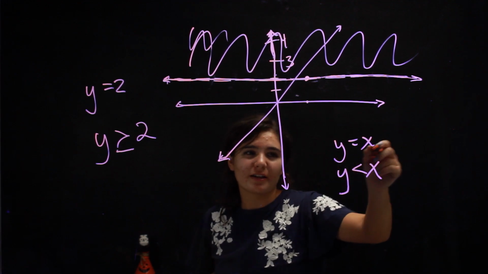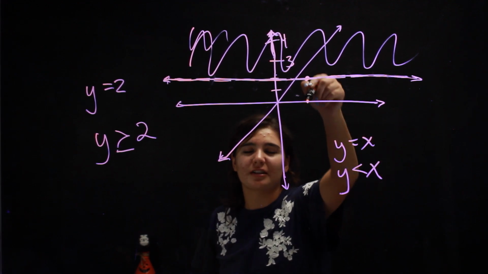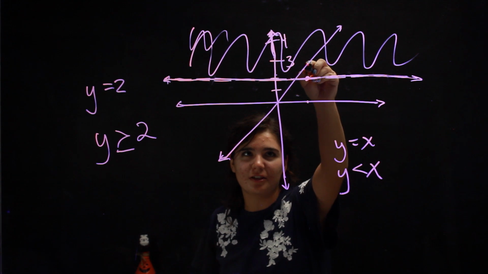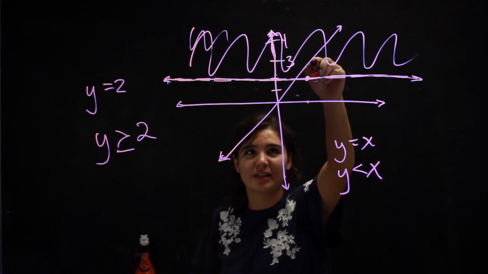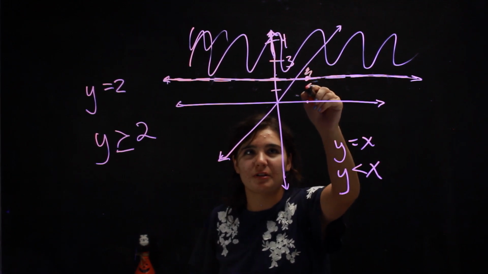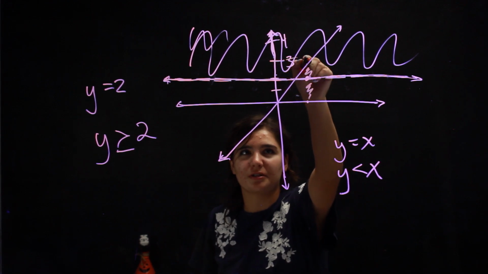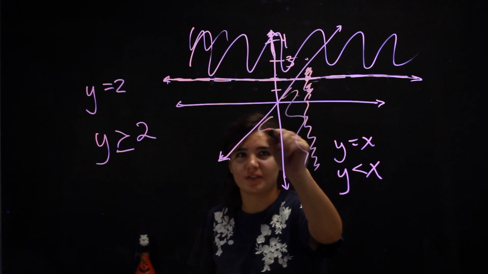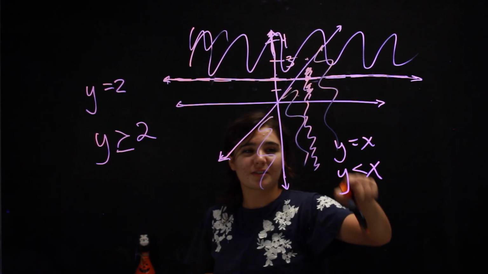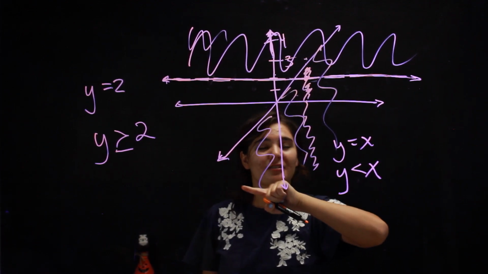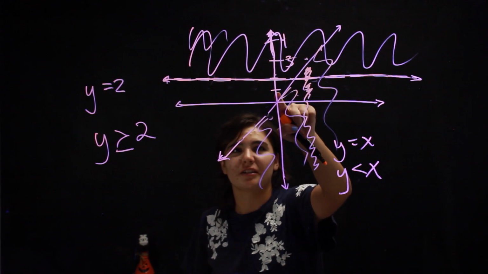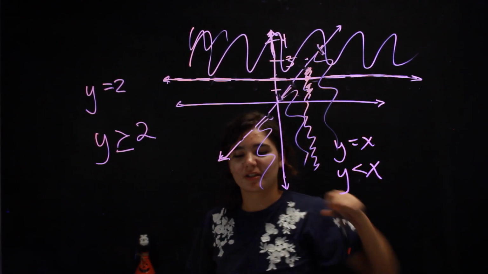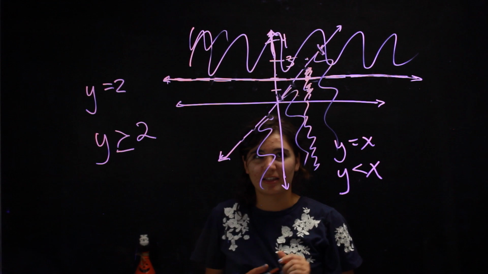A, y is less than x. So if x is like 2, then y has to be less than that, meaning it's going to be below it, because here's y is equal to 2, it has to be below. It's going to be the same for all of these points, right? And because it's less than and not less than or equal to, you have to dash that line again. Pretend that's all dashed.